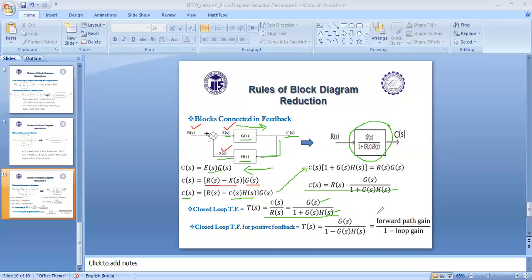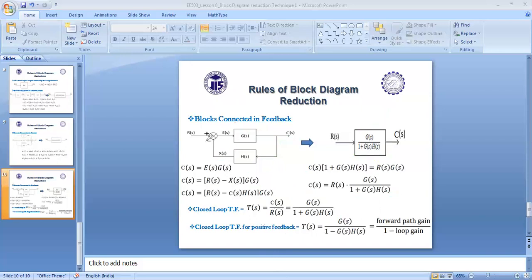So a few new terms came here. Gs is the forward path transfer function. Hs is the feedback transfer function. GsHs, the product of Gs and Hs, is known as loop gain, and this is known as the overall transfer function. Cs by Rs is known as the overall transfer function or closed loop transfer function.